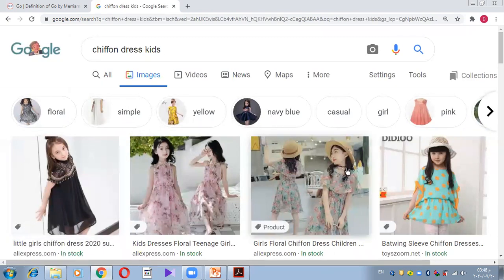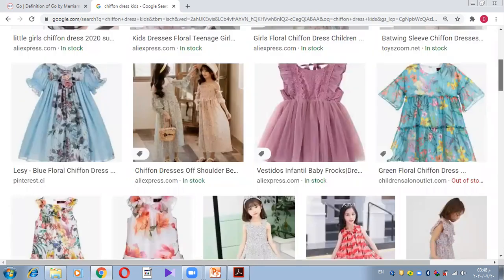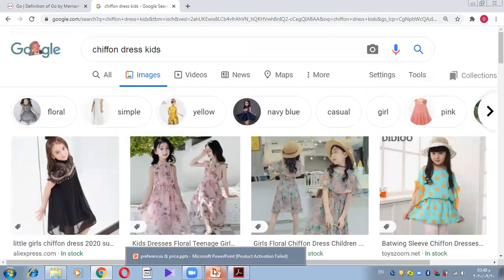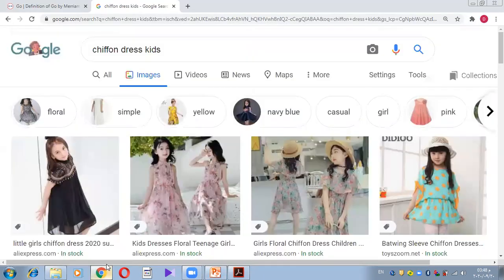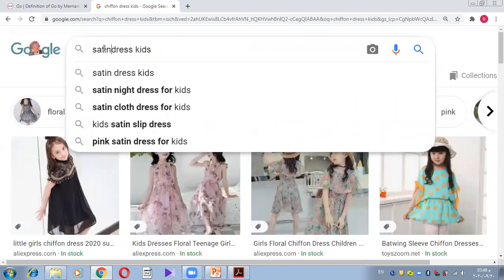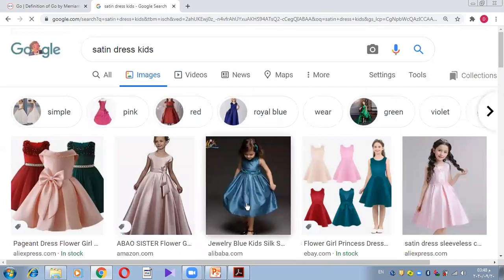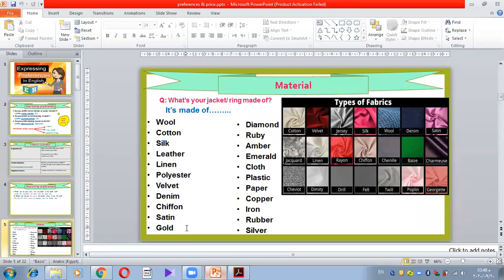That's chiffon. I think as well it's clear from this one. It's the same like Arabic as well. Okay, the next word is satin. It's close also, that's it. It's close to the Arabic word as well, satin. Okay, it's close to the Arabic word that we have.